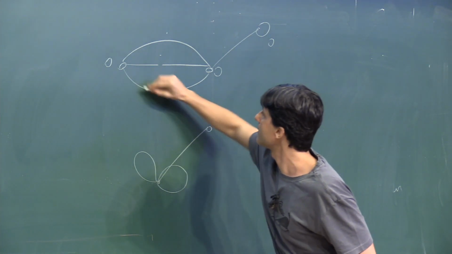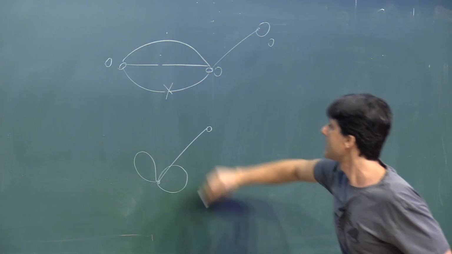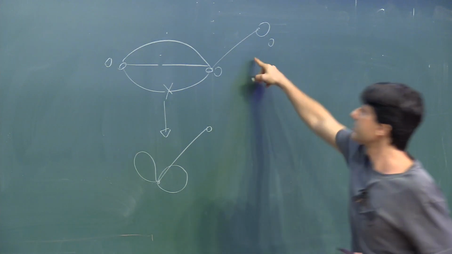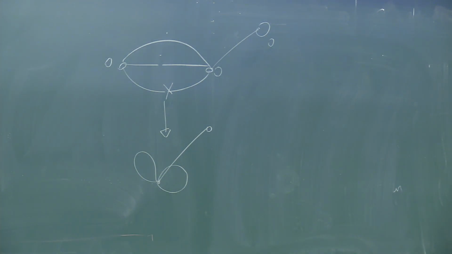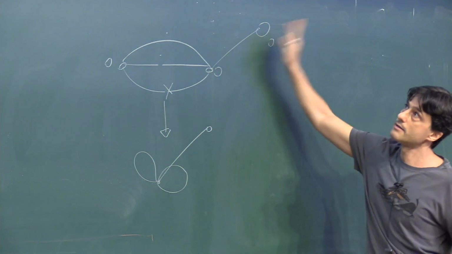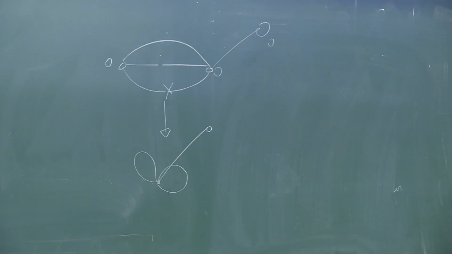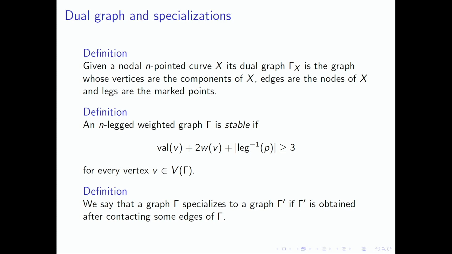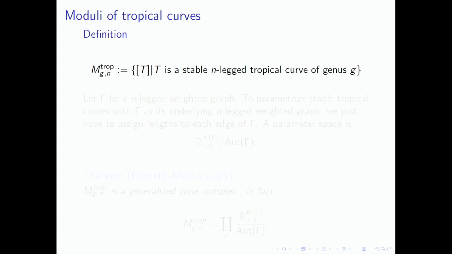For example, here I'm contracting this edge, and I have a contraction from this graph to the below graph. So the two edges become two loops, and this other edge stays the same. Okay, so these are the fundamental definitions I need to now state and introduce this object, which is M_g,n tropical.